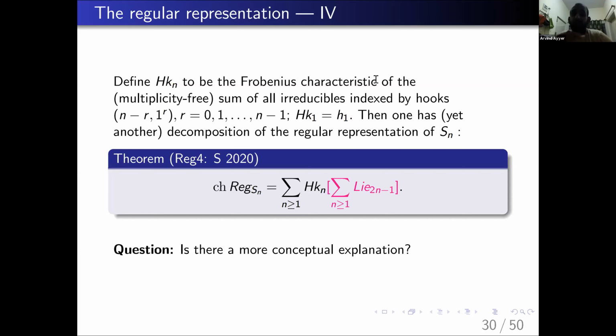Could you replace the hooks by something else so that you get the regular representation? Yeah, you probably could. Let me see, I'm trying to think about it. I don't know, I haven't thought about it. That's a good question. I'll think about it. Thanks.